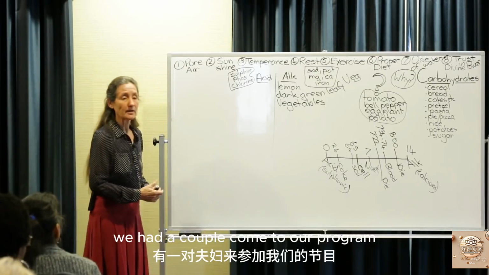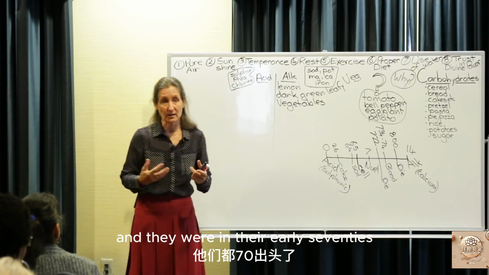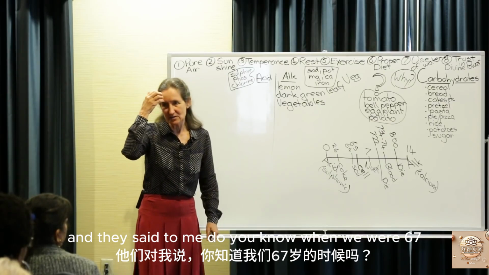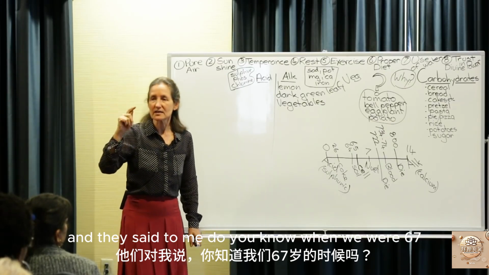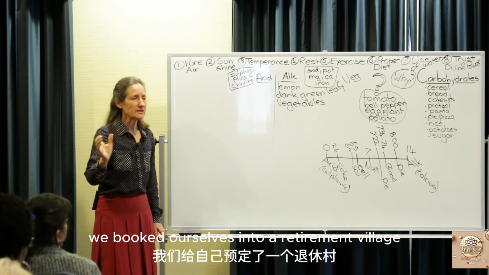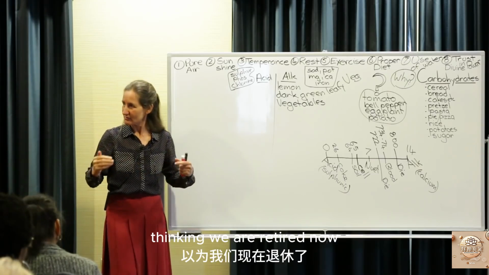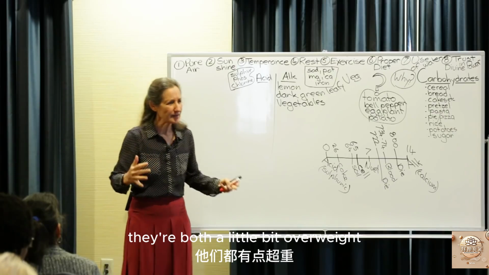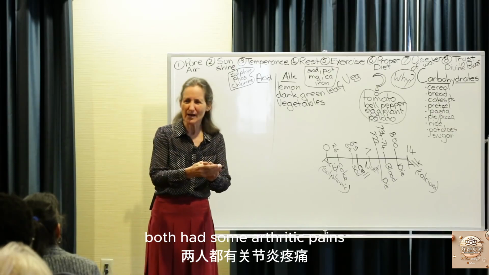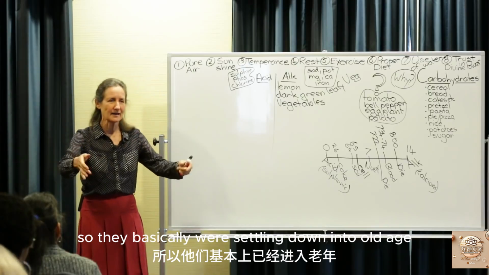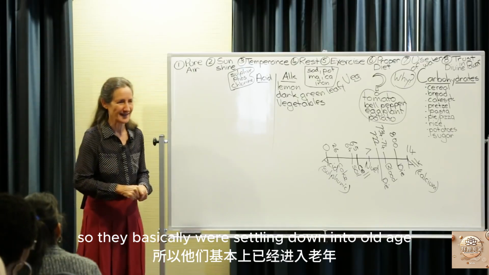And I'll tell you a story, an illustration. We had a couple come to our program, and they were in their early 70s, and they said to me, do you know, when we were 67, we booked ourselves into a retirement village, thinking we are retired now. They were both a little bit overweight, both had some arthritic pains, especially the lady, so they basically were settling down into old age.